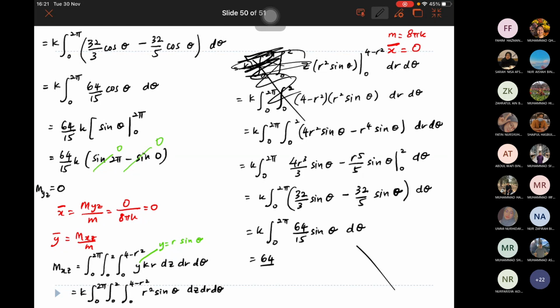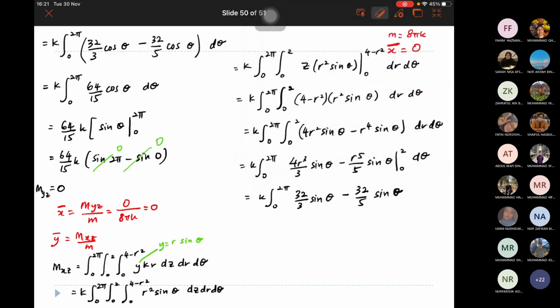So, dapat 64 per 15 K cos theta 0 sampai 2 pi. Sama dengan 64 per 15 K cos 2 pi tolak cos 0. Okay. Cos 2 pi is 1, cos 0 pun 1. So dapatlah finally dia pun sama dengan 0 juga.